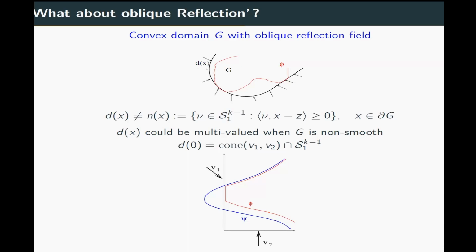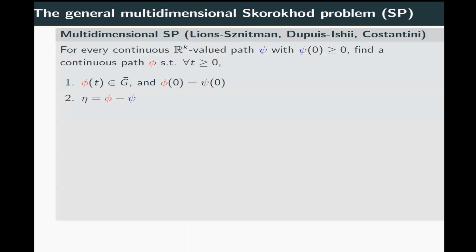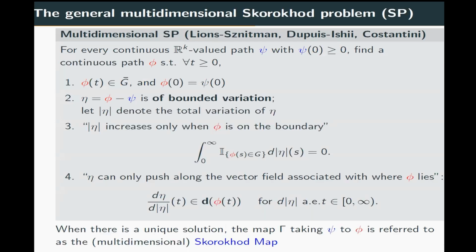And again, that makes it a differential inclusion. So again, you can define the multidimensional SP. Now we just have to change the definition, but there's almost nothing to be changed. The only thing that you change is that instead of the N, you put a D here, right?